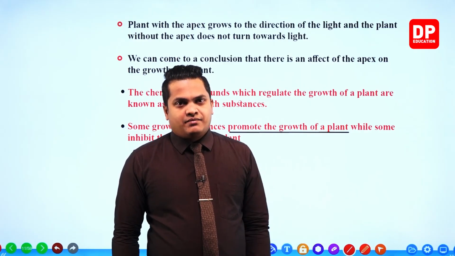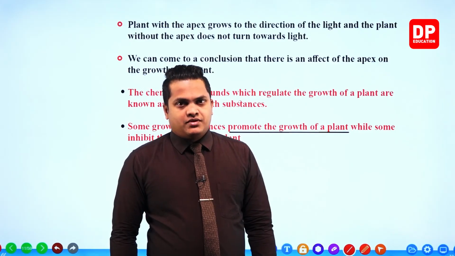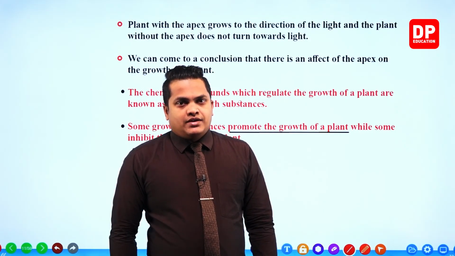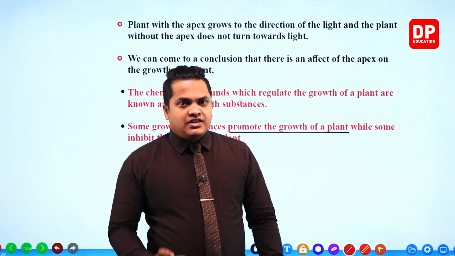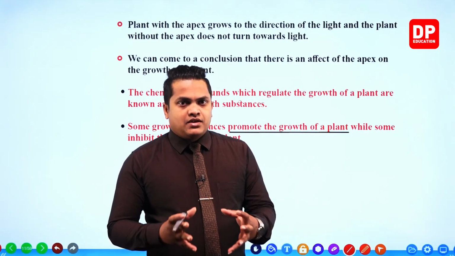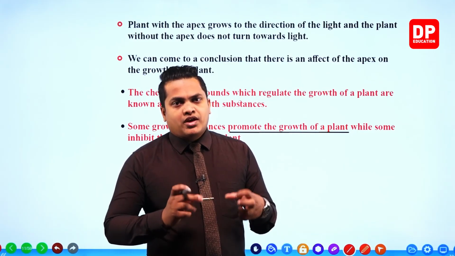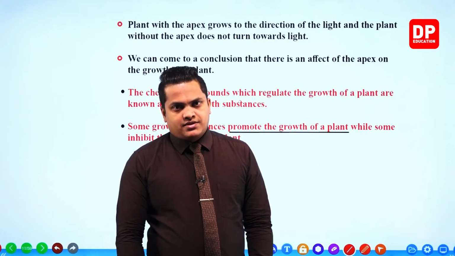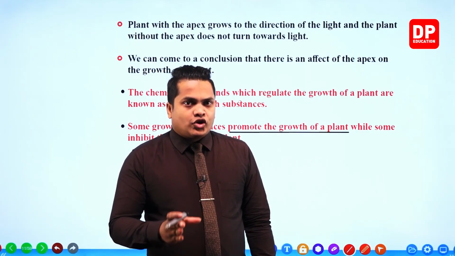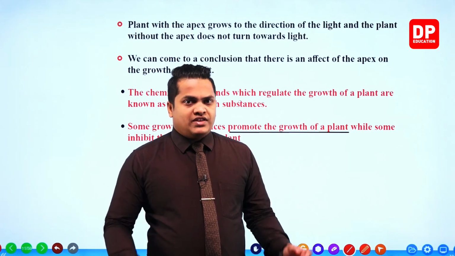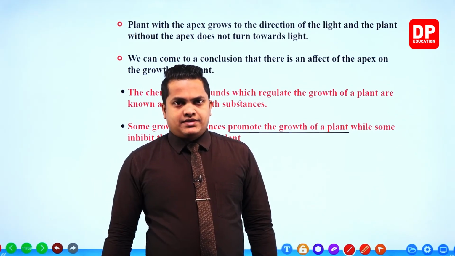We discussed that by doing activities also. It's because within the other parts, we can't observe these growth chemicals or growth substances. That's why the height is not going to change. However, the apex contains these things.